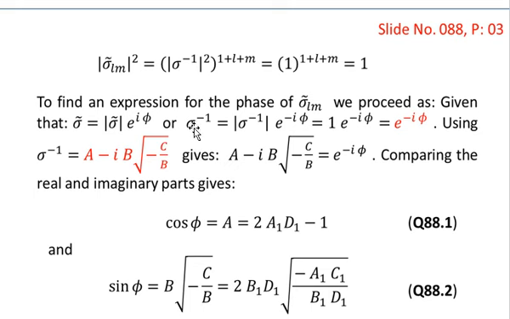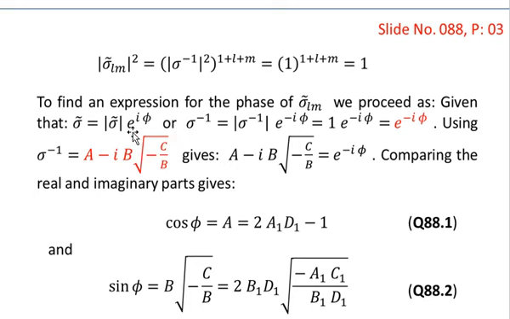So sigma prime inverse or sigma inverse is equal to mod of sigma inverse multiplied by e to the power minus iota phi. And you know that sigma inverse mod is equal to 1. So we have the final result that sigma inverse can be written as e to the power minus iota phi.